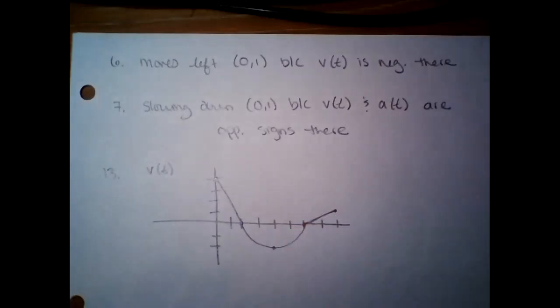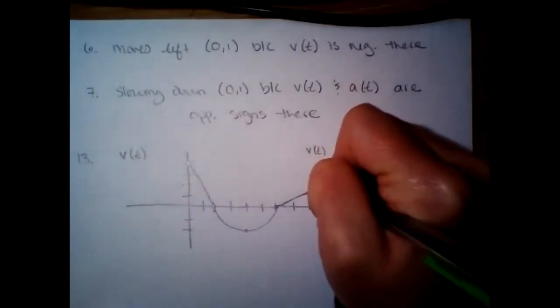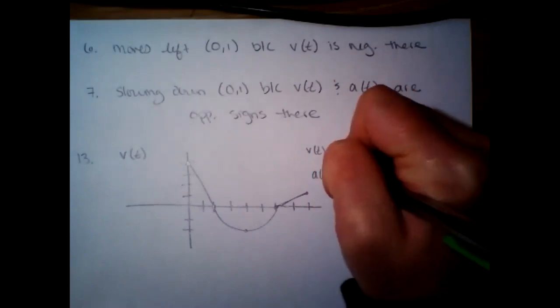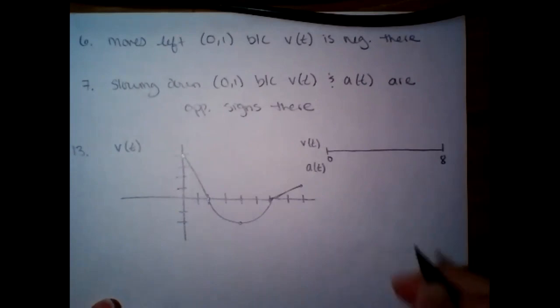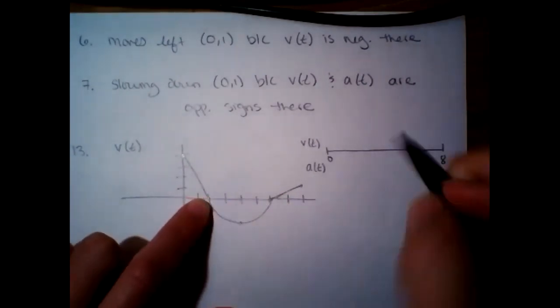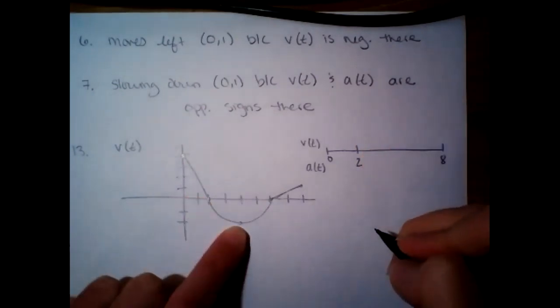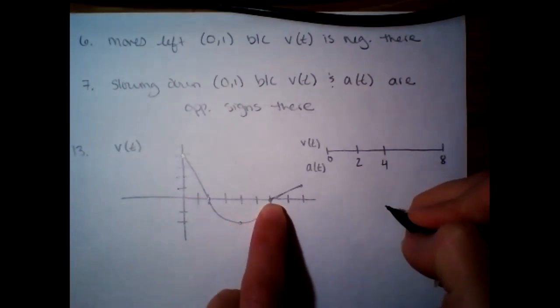All right, so this is your velocity from 0 to 8, and you're being asked, when is the speed increasing? So that would be speeding up. So that is gonna be when velocity and acceleration are the same sign. So I'm gonna make a number line for my velocity and acceleration. I'm gonna need to put on there 2, and then 4, and then 6.